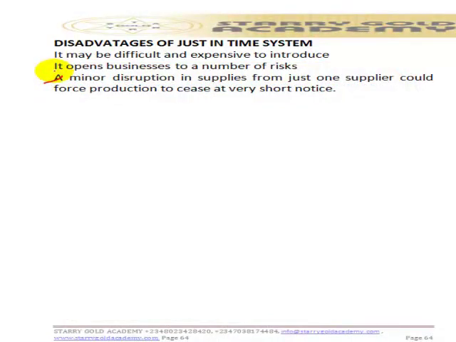So if materials are not delivered on time, then there may be a serious disruption of production activities. It may be very difficult and expensive to introduce if you decide not to have items in store when there is demand and items cannot be supplied as they are needed. So that is our material control system.